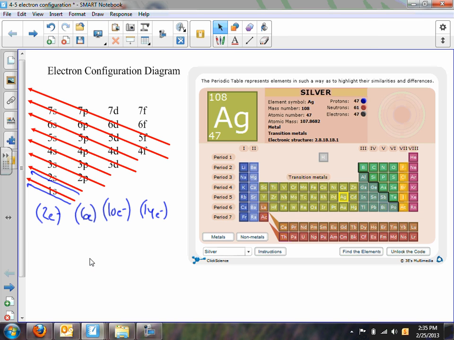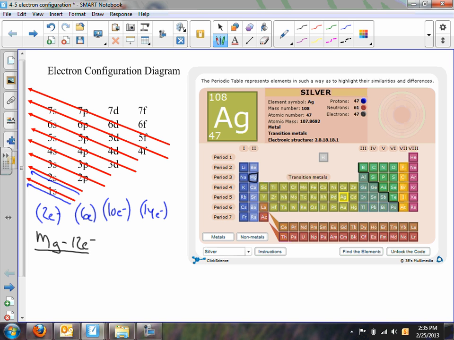So, to figure out the electron configuration, first thing you want to do is just figure out your element. Let's say I want the electron configuration for magnesium. If you find magnesium on the periodic table, it would have a total of 12 electrons. So for magnesium, I need to figure out where to put its 12 electrons.